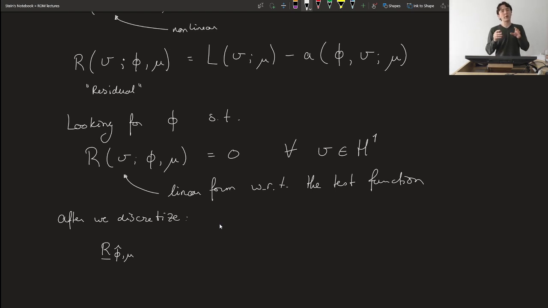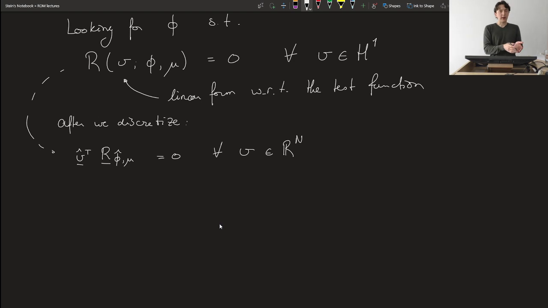And an operation of a linear form acting on a function, that was this notation of a transpose vector multiplied with a standing vector. Yeah, so again we have here the v components. And that is the same operation now. That has to be 0. And now for all choices of v, well, no longer in a Sobolev space, right? We've discretized, we made this into a vector notation. So now this guy is a vector in R^N, where big N is the number of degrees of freedom in our finite element grid.